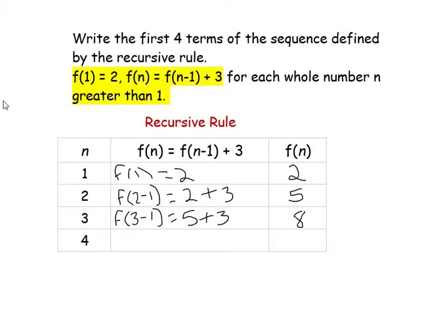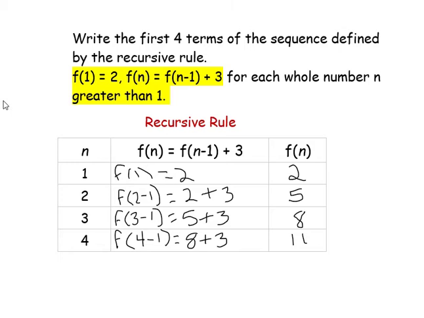My third term has a value of 8. And the last one, f of 4 minus 1. Well, 4 minus 1 is 3. Go back to my third term. Third term is equal to 8. Therefore, 8 plus 3 equals 11.